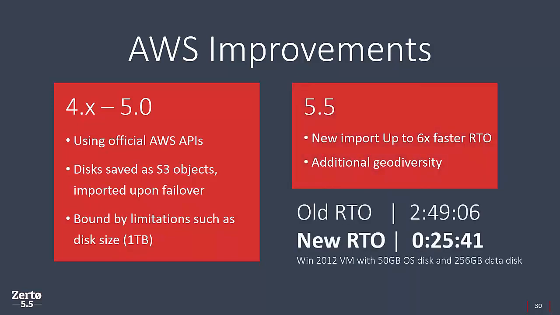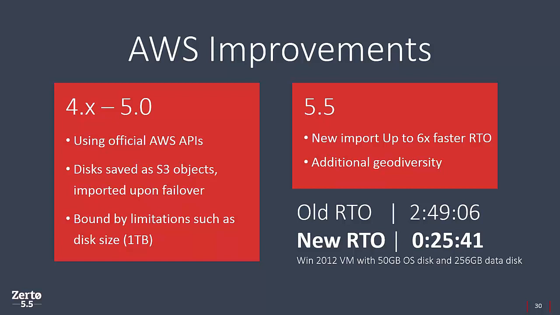So as you can see, what does that mean to our customers? This is just an example from a 2012 VM with 50 gigs of OS. The old RTO was almost 3 hours. The new RTO for this was 25 minutes. I think that you can see that 6x faster recovery time is pretty impressive.